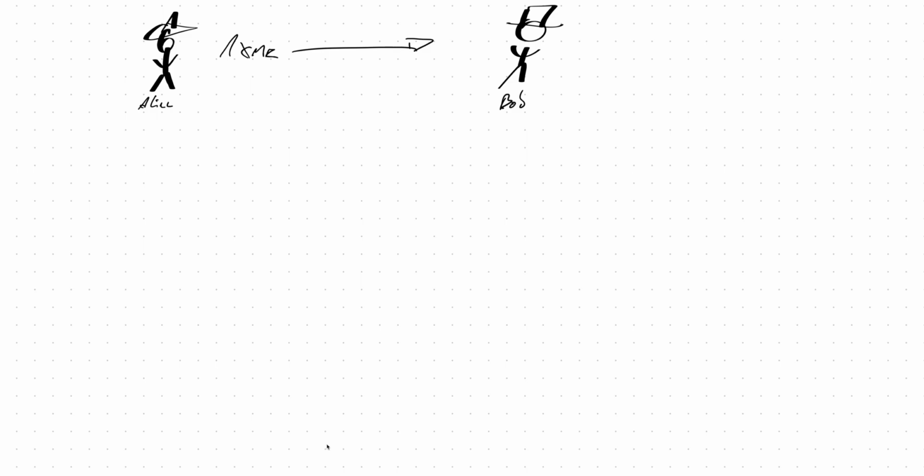Alice wants to send Bob one Monero, and Bob starts by generating an address. He generates a private key, a private view key. Wait, we will start with a spend key because the private view key is usually derived from the private spend key, but this doesn't matter in this case.